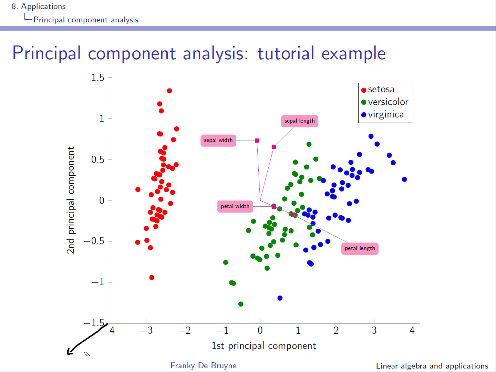Now if you have a new flower, you apply the same transformation and bring this new point into this principal component scatter plot, and you can then decide what type of flower it is: setosa, versicolor or virginica.